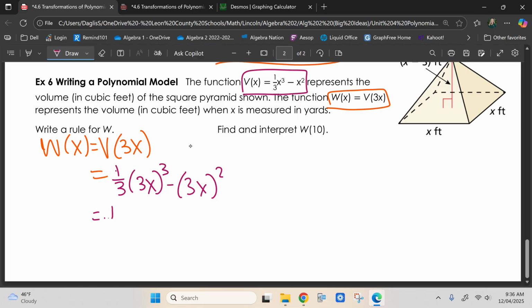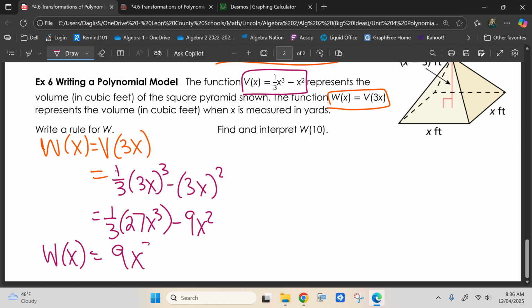This simplifies to 1/3 times 27x cubed minus 9x squared. And for the final simplification, we're going to distribute. So my rule for w is going to be 9x to the power of 3 minus 9x squared.